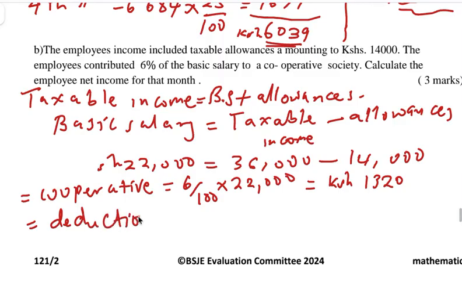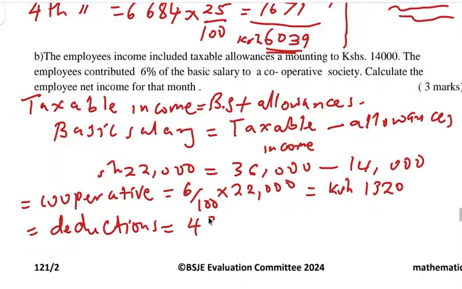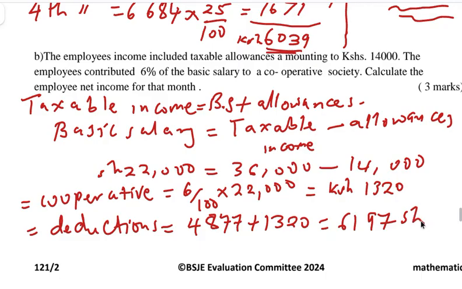So deductions zako ni ile tax yenyewe ni ngapi? Ni 4,877 plus ile ambao walipia kwa cooperative plus 1,320 equal to, so ukichukua 1,320 plus 4,877 itakupa around 6,197. Sawa, shillings.